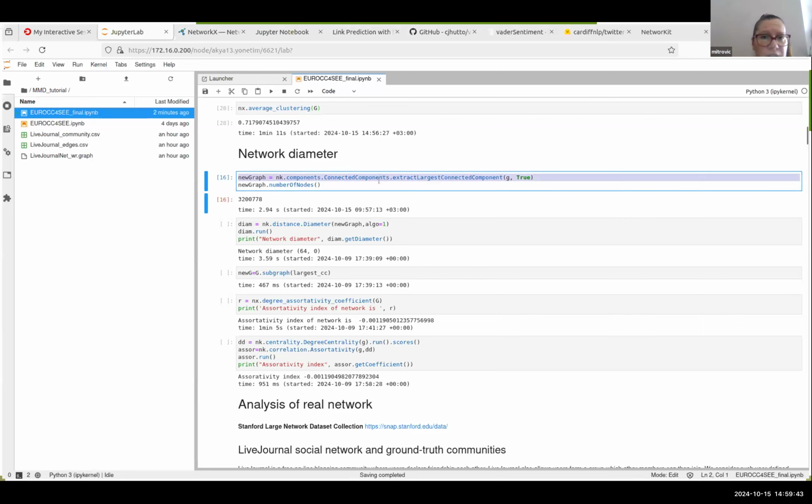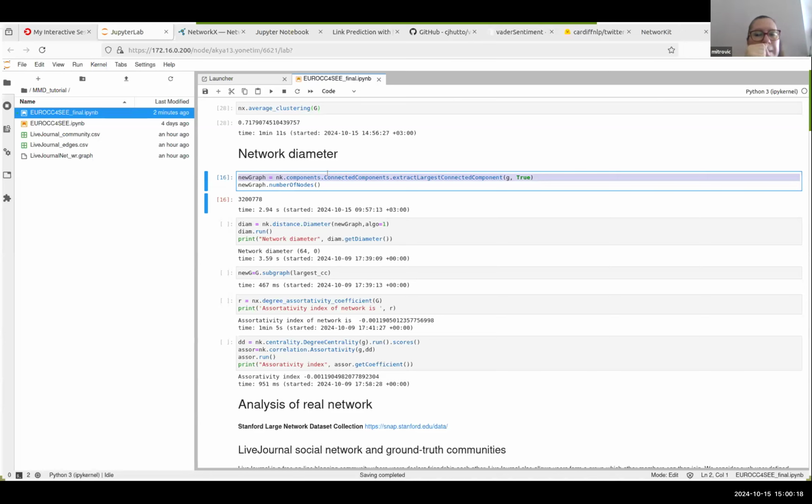So here is a very simple way of finding the largest connected component in this system and making a graph out of this. Basically, you find the largest connected component, find the nodes of that component, and make a subgraph of it. And then you use this subgraph to do the analysis. Why do we do this? If we want to calculate the network diameter in a network that is not connected, so it consists of several disconnected components, we will get an error.